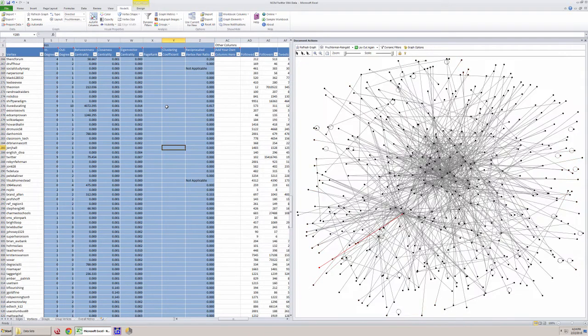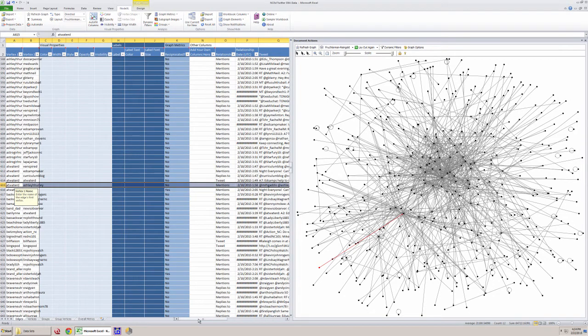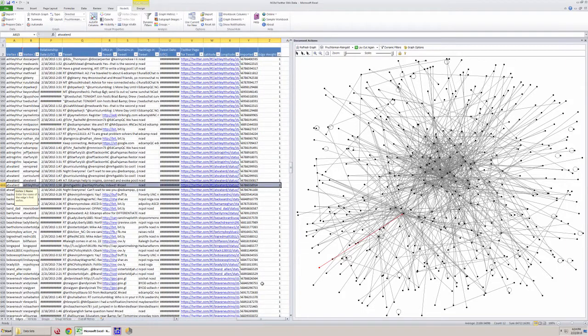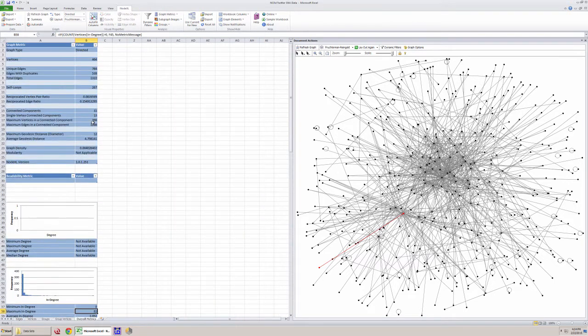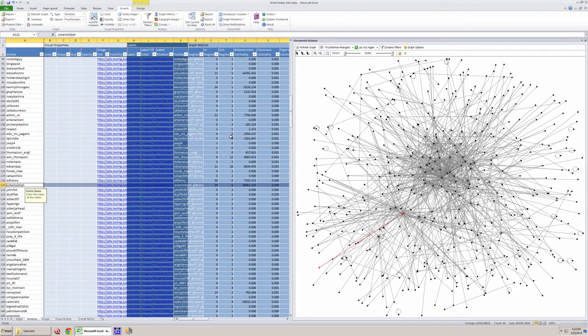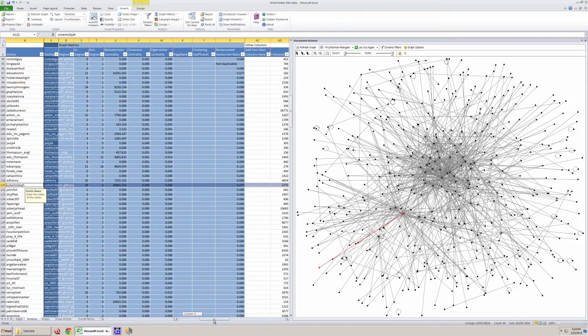So what we've done now is we've calculated measures for the relationships as a sort of indicator of the strength of the relationship, and we've also calculated measures for the network as a whole and measures for individuals within this network. So these are measures of these individuals' positions within this network.